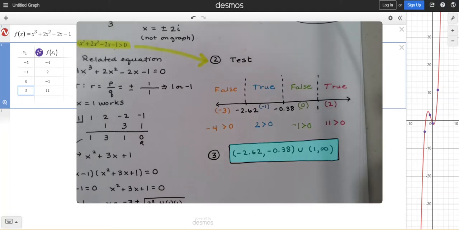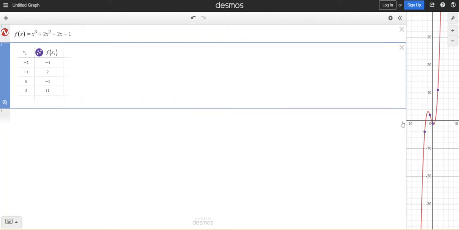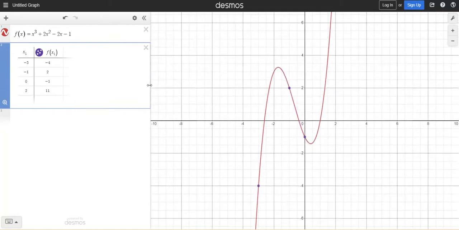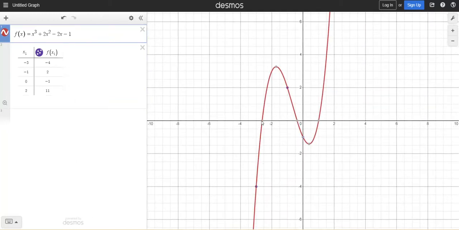All right, this one I've actually already got graphed. So let's take a look and see if we can also see this same solution based on our graph. I got the graph out of the way before, but I'm going to bring it back now. There were those zeros, the same exact ones that we found by hand. And we wanted to know where this function is greater than 0.